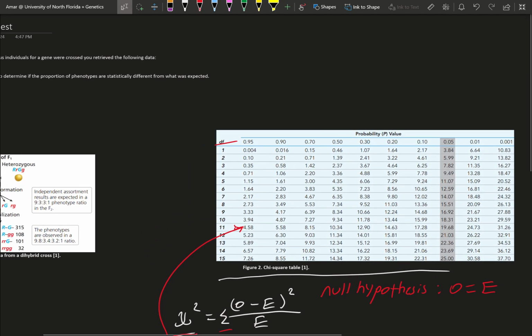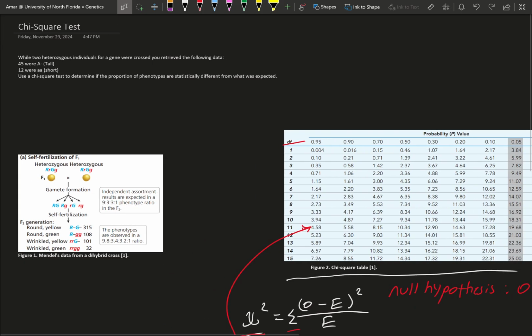So let's do some genetics problems, where geneticists are always using these types of statistical tests to determine if something is acting on a population that isn't expected.